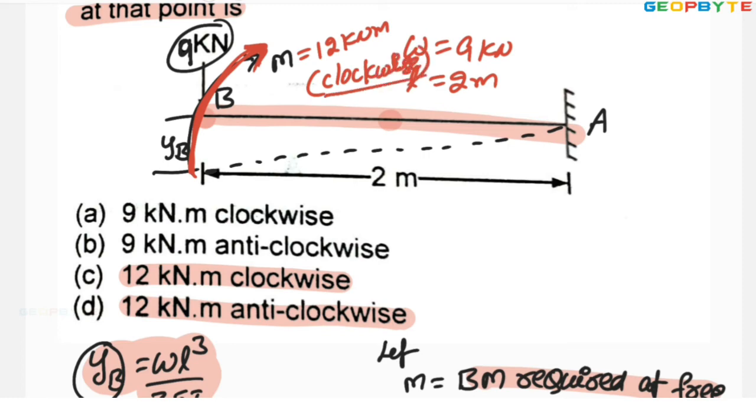To avoid the vertical deflection, the bending moment required is 12 kilonewton meter, that too in the clockwise. Therefore, option C is absolutely correct. I hope you clearly understood. Shall we move to the next problem?